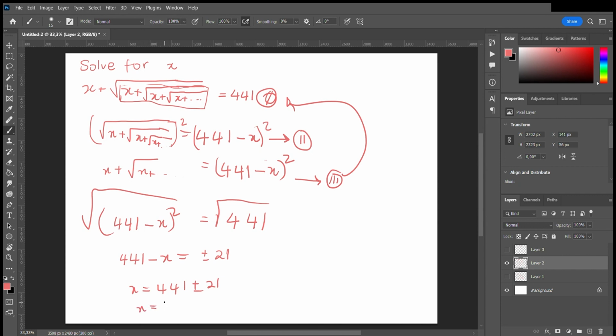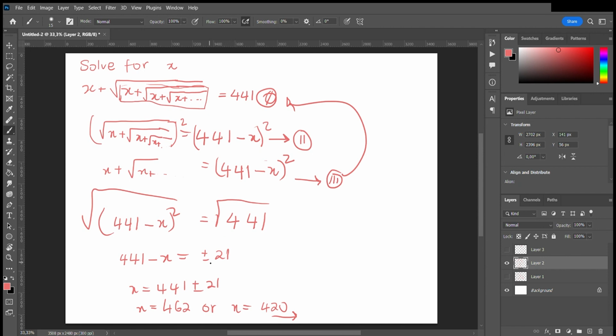So x would equal either 21 plus 441, which is 462, or x will be equal to, let me put it in a calculator right there, 420. So you have the plus or minus because of the roots.